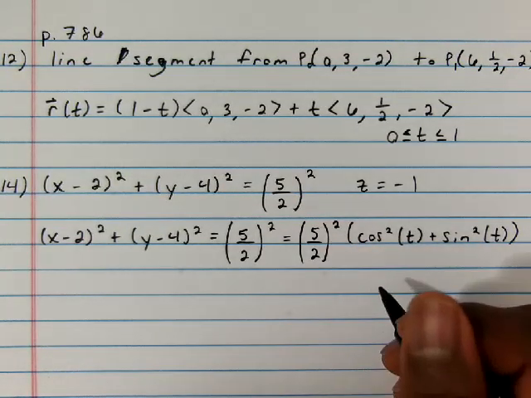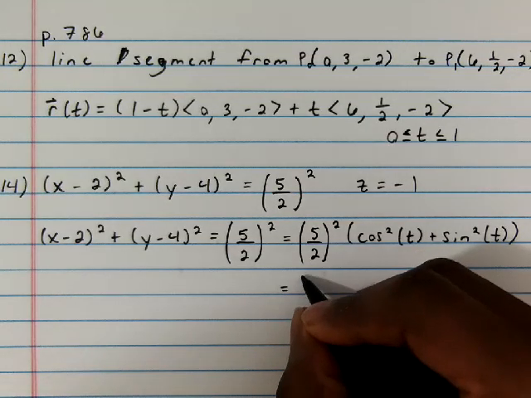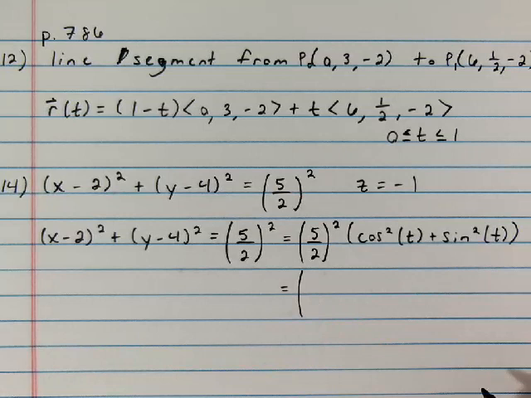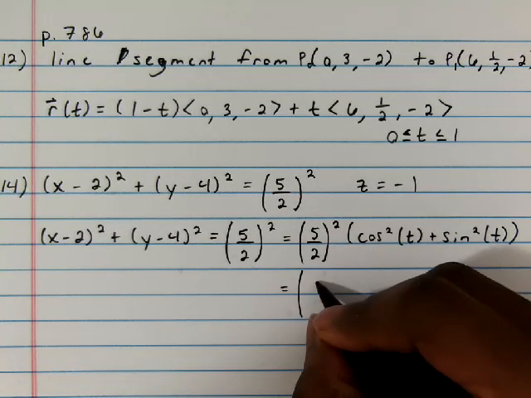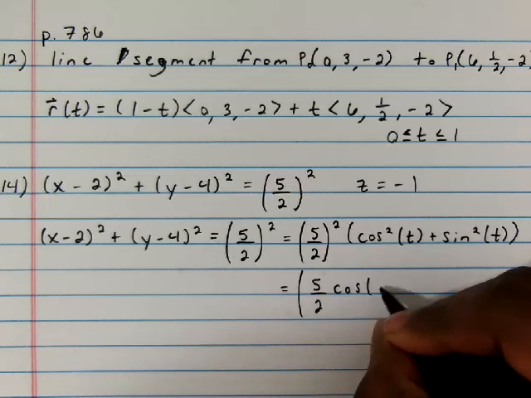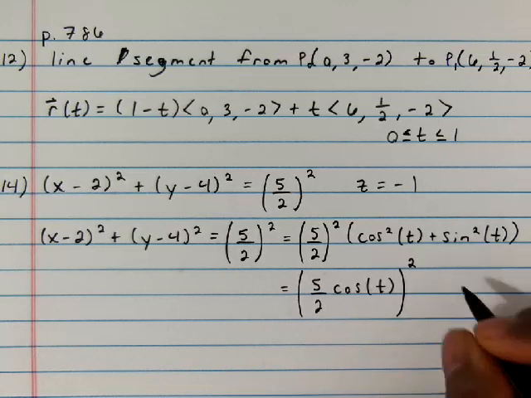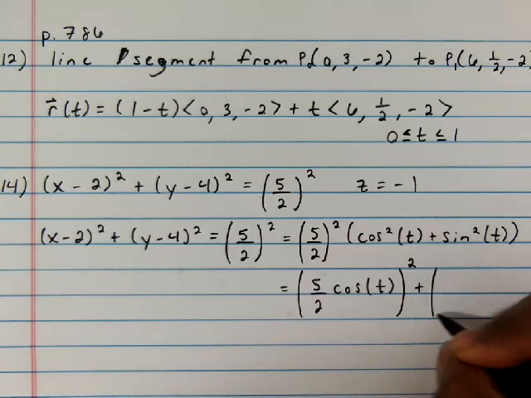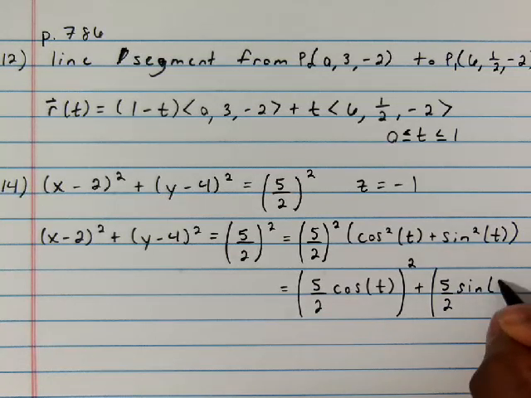To make it a little more clear, that's equal to, I'm just going to distribute this through here. So (5/2 cosine of t) quantity squared plus (5/2 sine of t) quantity squared.